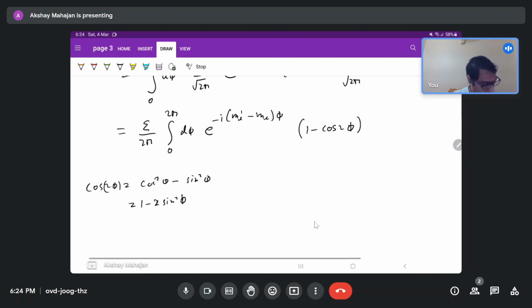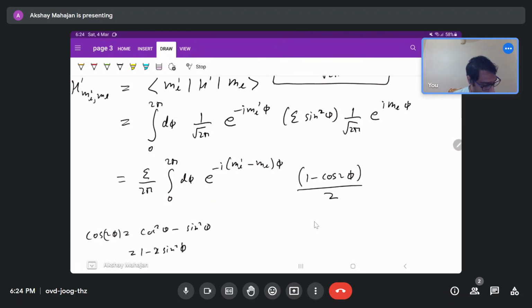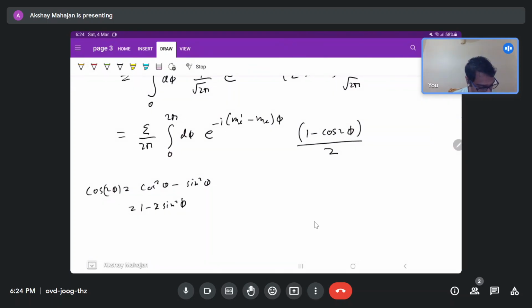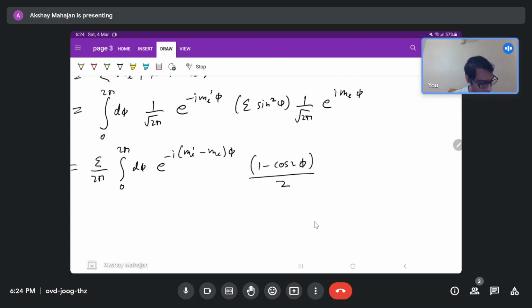So we have to divide by 2. We can write our sin²phi as 1 minus cos 2 phi, divided by 2. That we have written here.